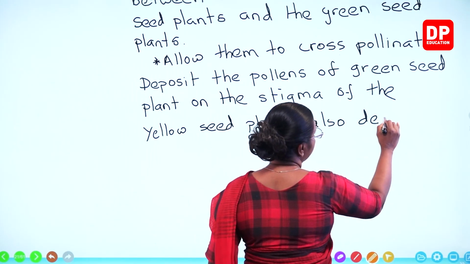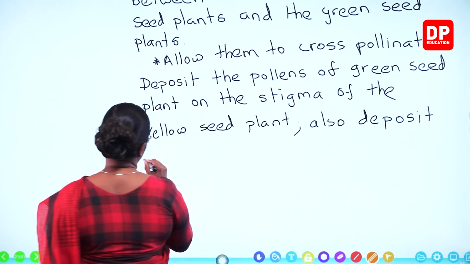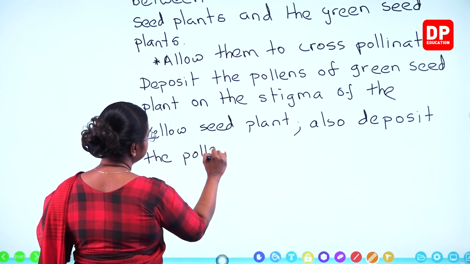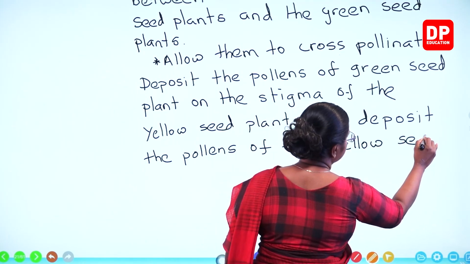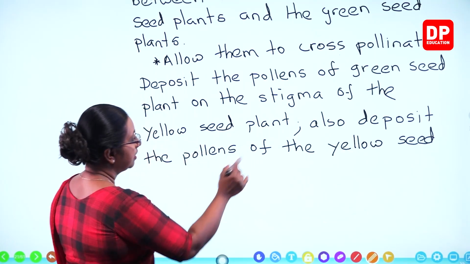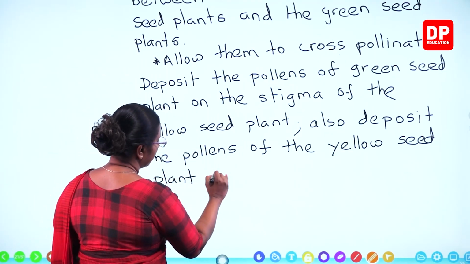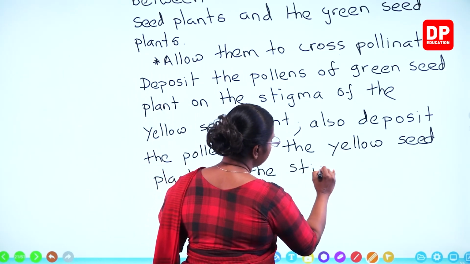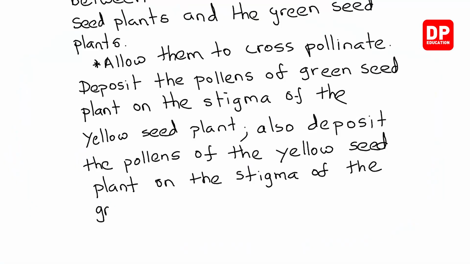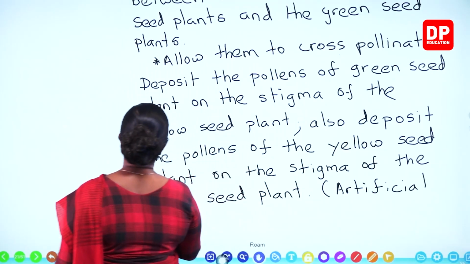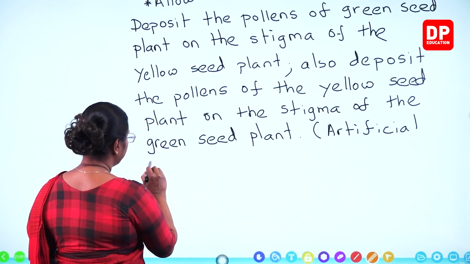Also deposit the pollens of the yellow seed, that is the yellow seed plant, on the stigma of the green seed plant, that is artificial pollination.